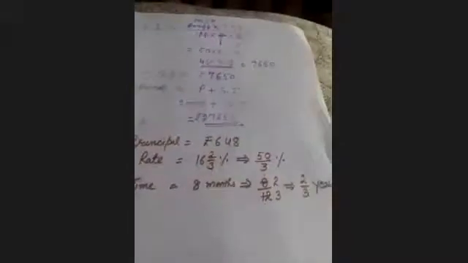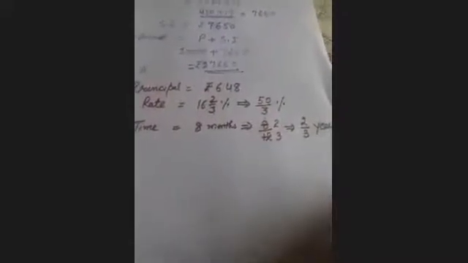So it means time is 2 upon 3 years. Clear students? Now principal amount is 648. Rate of interest is 50 upon 3% and time is 2 upon 3 years.